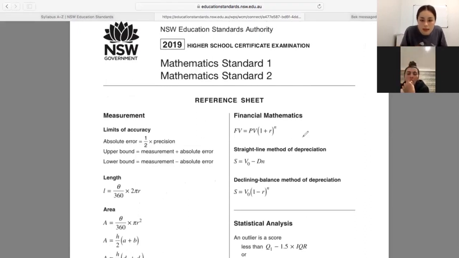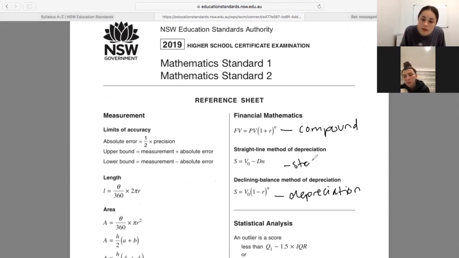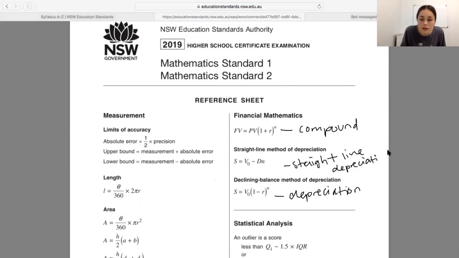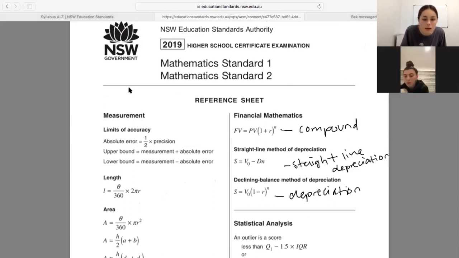Okay, this one is compound. This one's depreciation. That one's straight line depreciation. So it kind of says it in the heading. Okay, absolute error.